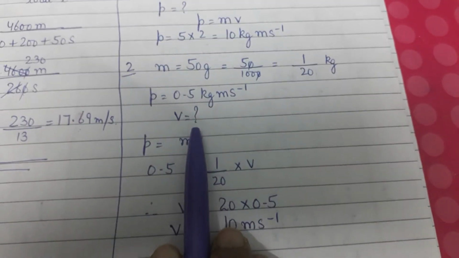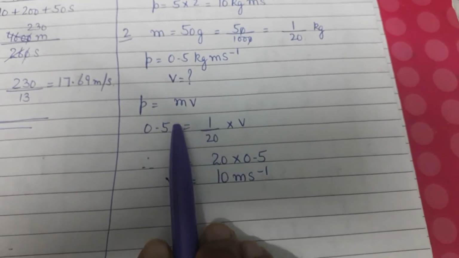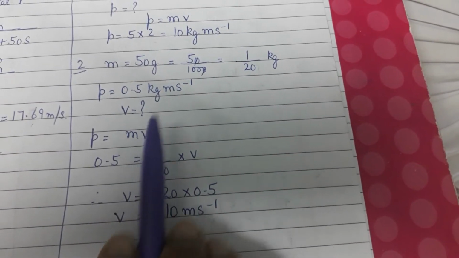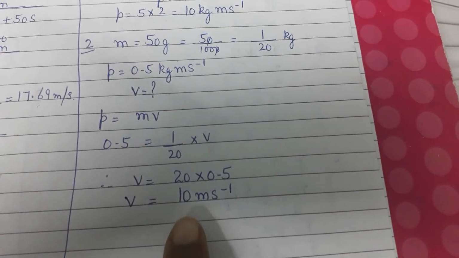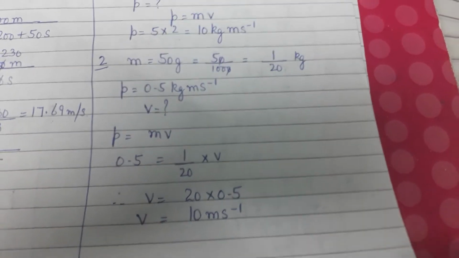We need to find out the velocity. The formula remains the same. Momentum is mass into velocity. I substitute the values. I know the value of momentum, I know the value of mass, and I can easily get the value of velocity to be 10 meters per second. This is the second numerical problem, right?